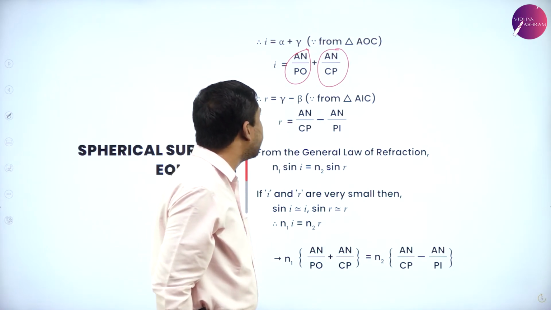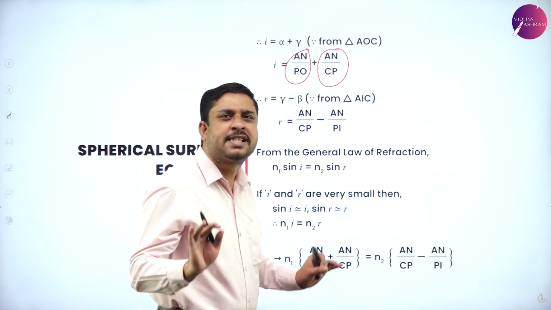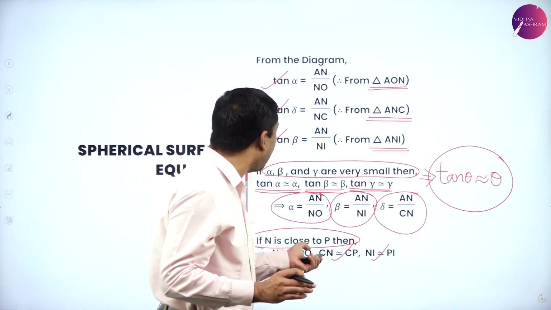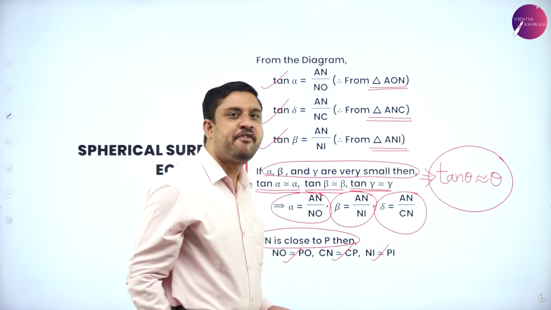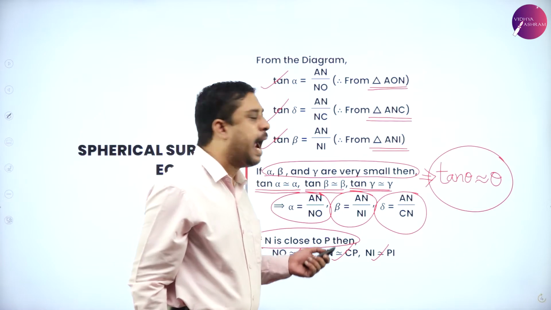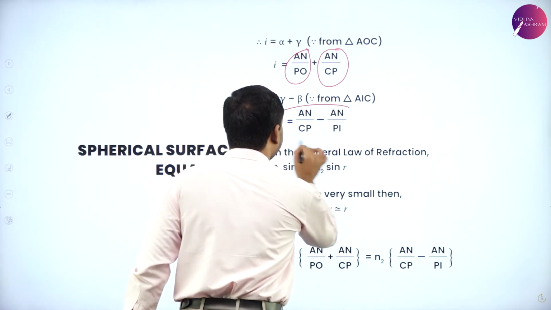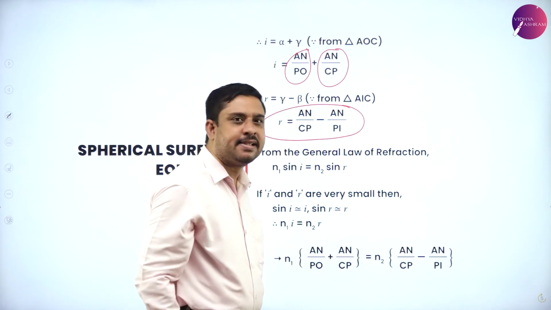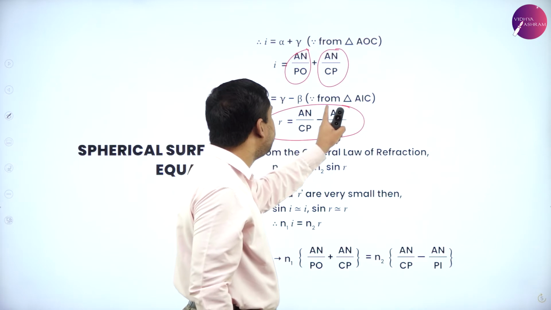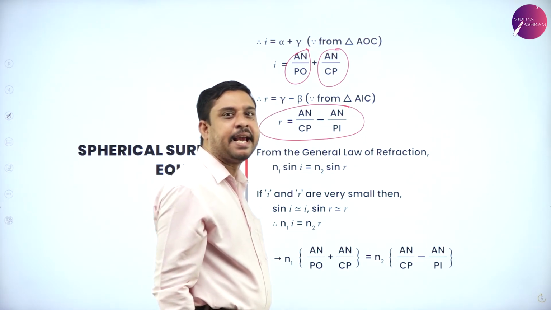Similarly, R is gamma minus beta. I'm just substituting from whatever I have calculated as alpha, beta, and gamma. So R is an divided by CP minus an divided by PI.